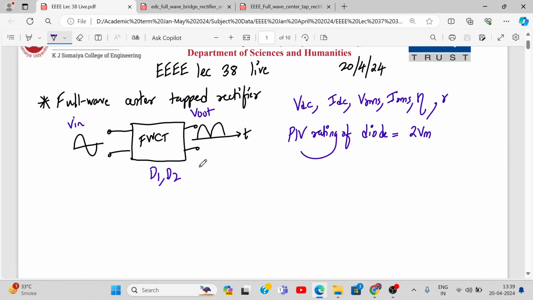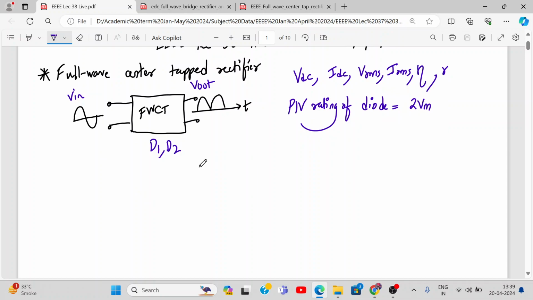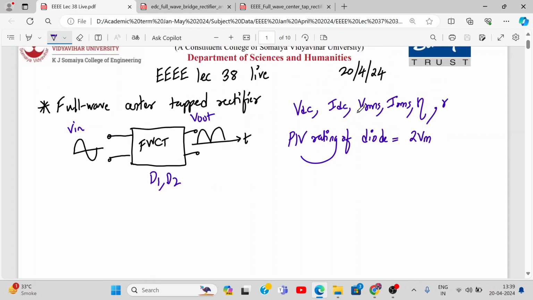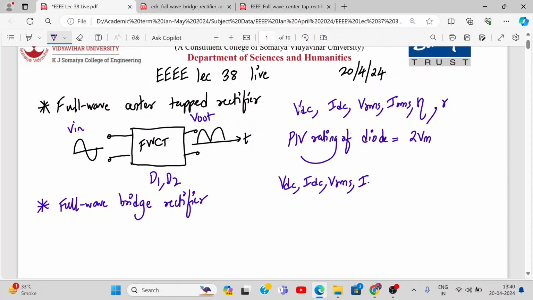Now, this is full wave center tap. The full wave bridge rectifier we also covered, right? And we found that for a full wave bridge rectifier you get the same output, and the VDC formula, IDC formula, VRMS, IRMS, efficiency, and ripple factor are all the same as this.